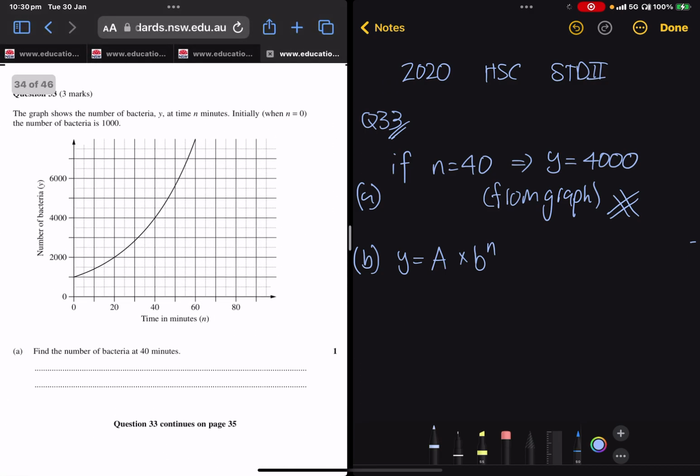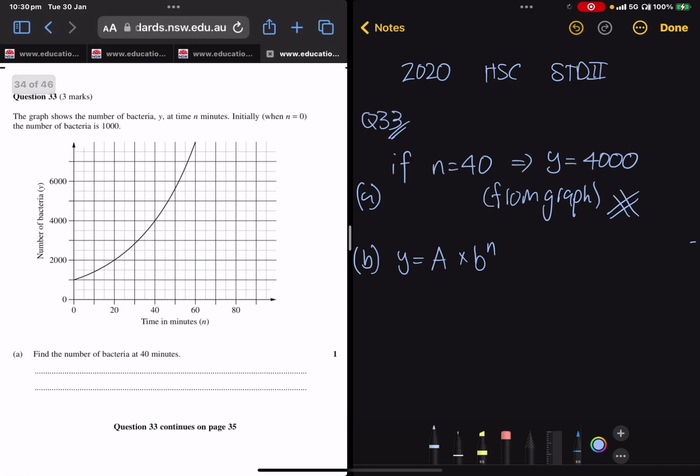Now, if we look at this curve, we know a few points that it passes through. We know that if n is 0, y is 1,000, and we know that if n is 40, y is 4,000.